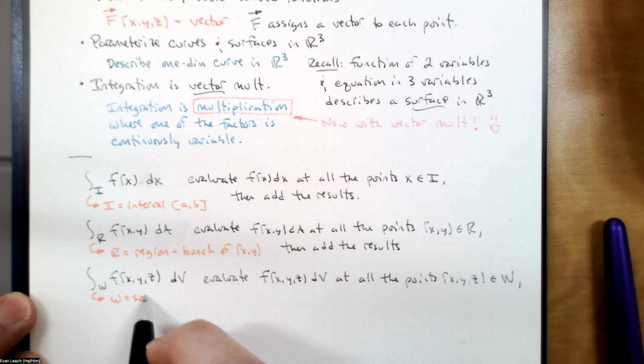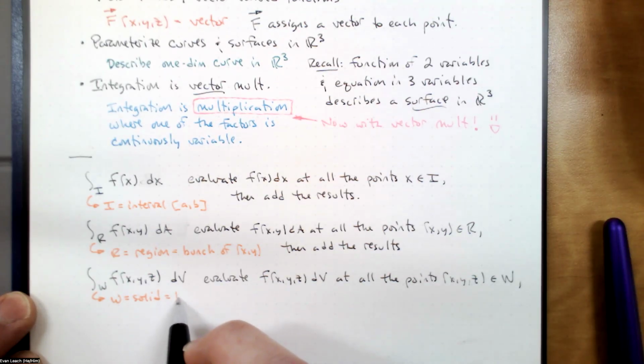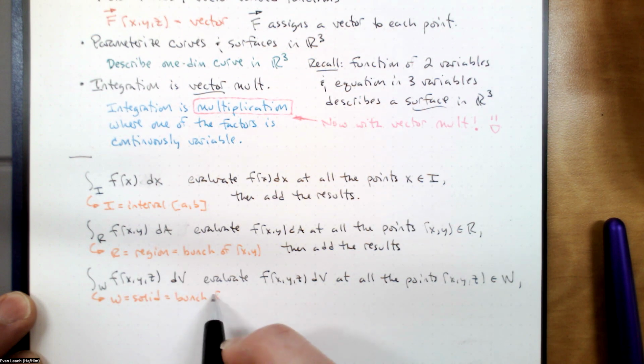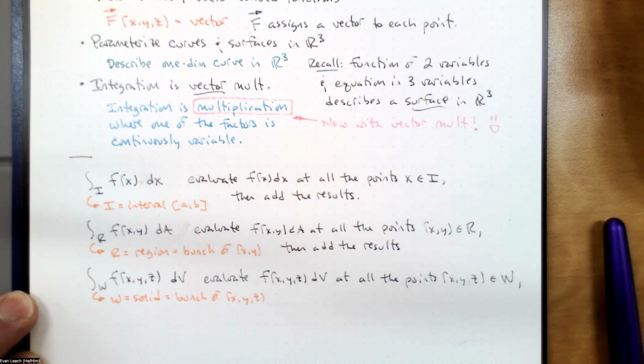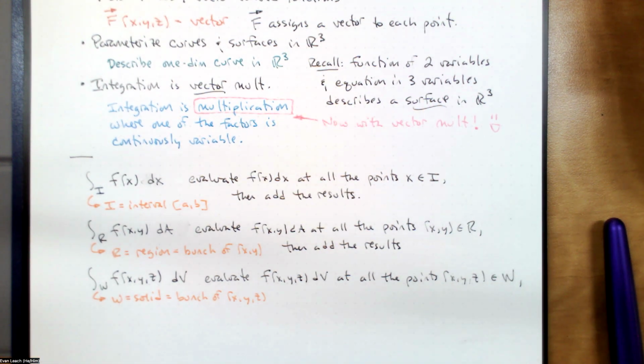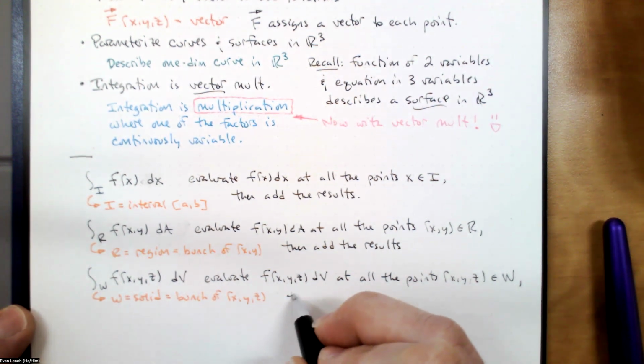It's just a bunch of points x, y, and z. So once we evaluate f at x, y, z, dV, we add the results.